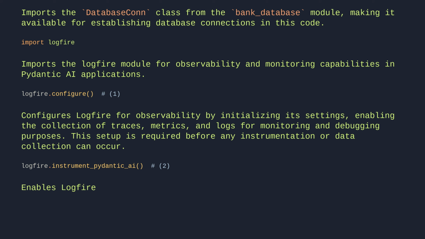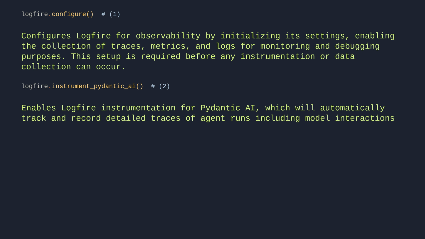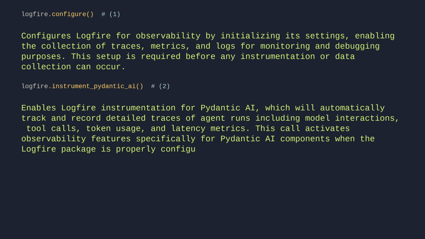Enables Logfire instrumentation for Pydantic AI, which will automatically track and record detailed traces of agent runs, including model interactions, tool calls, token usage, and latency metrics. This call activates observability features specifically for Pydantic AI components when the Logfire package is properly configured.